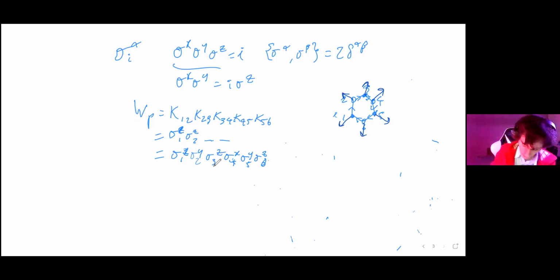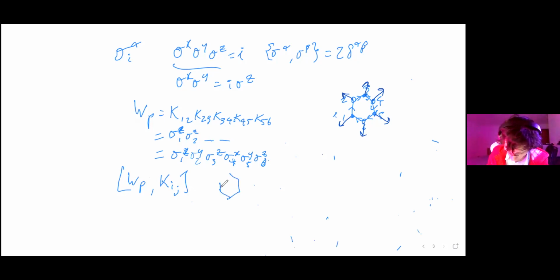Now, what I'm going to note is that you can show that this commutes with all the Kij's. This breaks down into a few cases. You either consider a link that's isolated from the hexagon, which is pretty easy, or the case where you're touching it, or the case where it's one of the edges of the hexagon.